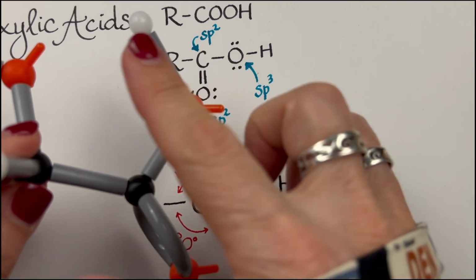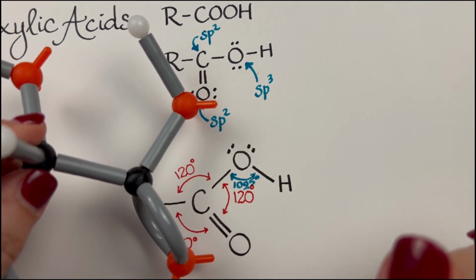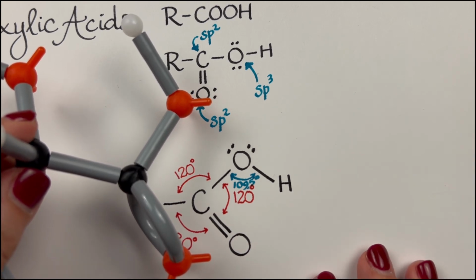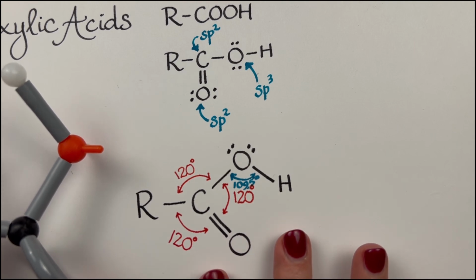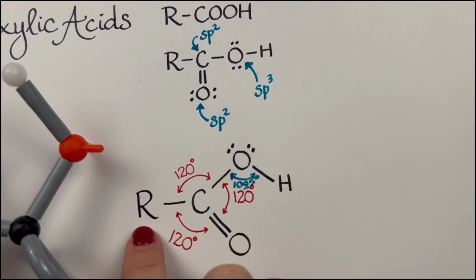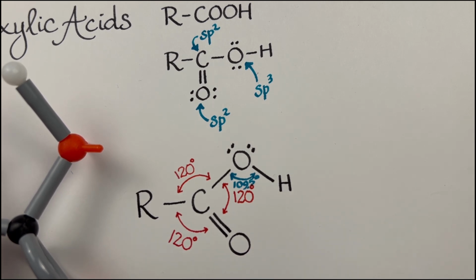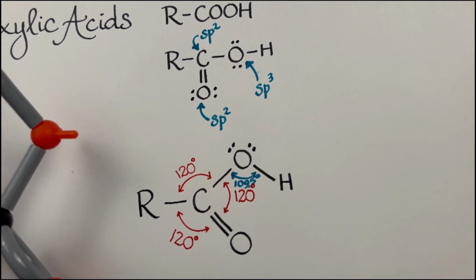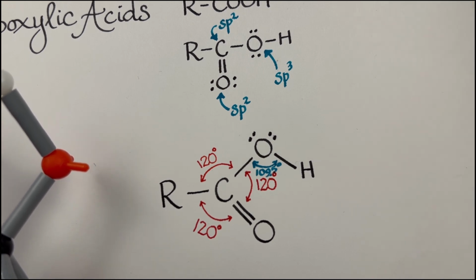This whole thing here, here's our carboxylic acid group. So, depending on what R is, we have lots of possibilities for what the carboxylic acid might be. And so, I wanted to give a couple examples.